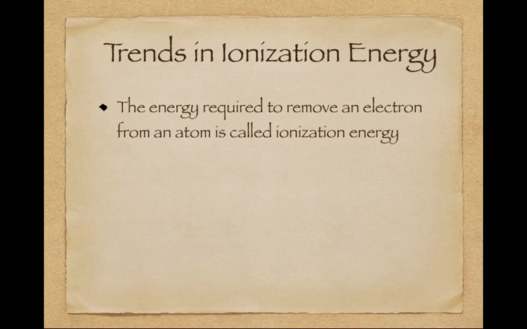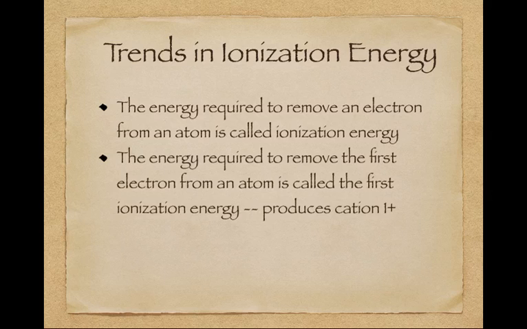And if we want to talk about trends in ionization energy, in other words, we were just talking about ions. Ionization energy is how much energy it takes for that electron to be removed. In other words, if I want to come in and steal that electron from that atom, how much energy is that going to take? That's the ionization energy.